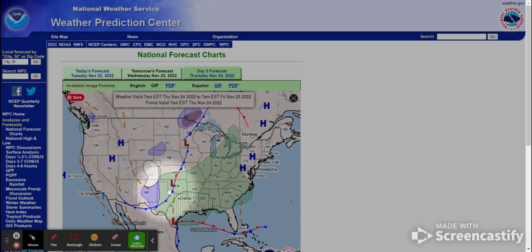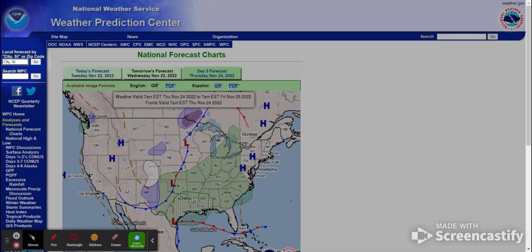Here, if it's blue with triangles, what kind of front is that? It's a cold front pushing this way. All right. And then we've got this one right here, another cold front pushing this way. So the direction the arrows are going shows you that.